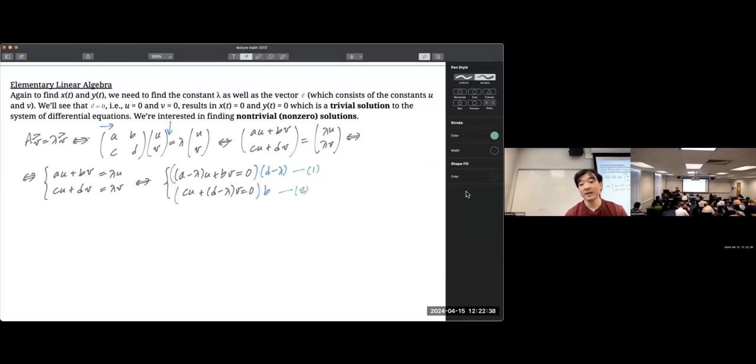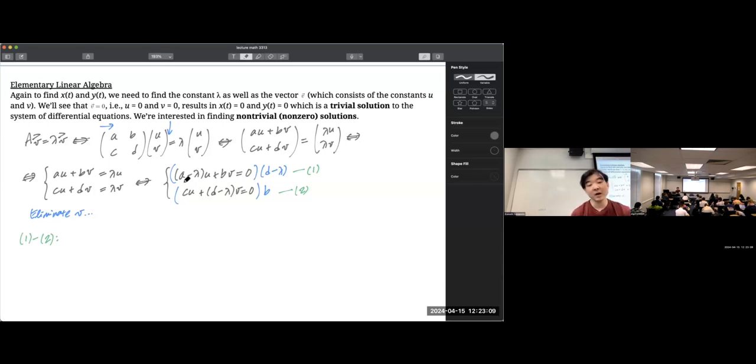And if you wanted to eliminate the V variable, it's possible if you just do 1 minus 2 after you've done these multiplications. Basically the V's will eliminate. This will be B times D minus lambda, minus B times D minus lambda, and they're going to eliminate: 0 minus 0 is 0.